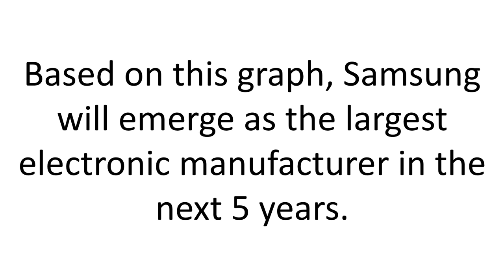Then a good conclusion is that, noticing the trend, you say that it shows that Samsung will emerge as the largest electronic manufacturer in the next 5 years. So that would be a smart conclusion: you understood what was there, you noticed a trend, that is the Samsung manufacturing share is increasing, and then based upon that you made your conclusion.